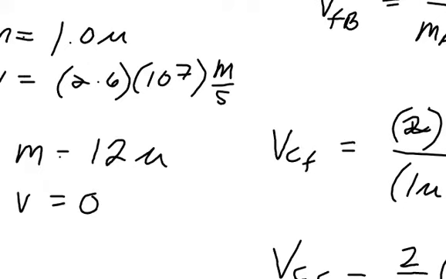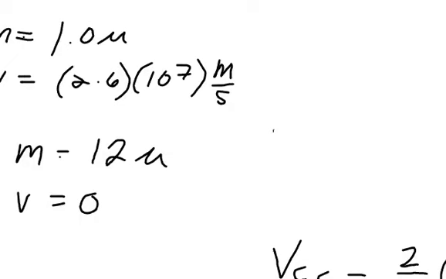All right. Now I'll use equation 8.24 to solve for the final velocity of the neutron. Oh, that's the wrong one. Let me erase that real quick.